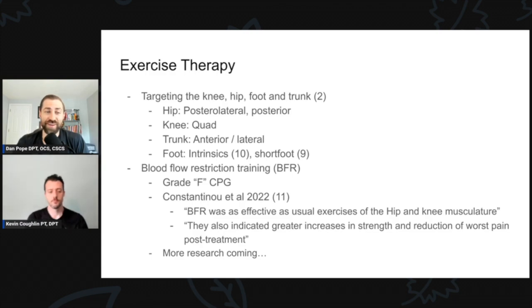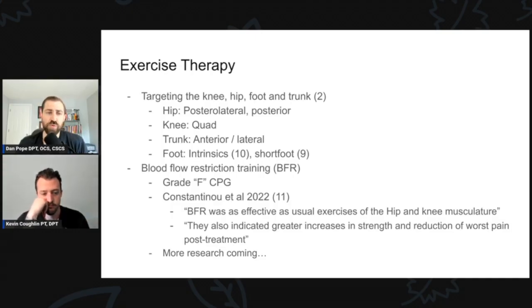Vladimir Janda, right? The old short foot. So think of that tripod position of your foot and trying to get the first ray closer to the heel and create an arch. If you use a short foot, it seems to help folks with patellofemoral pain, and working the foot core or foot intrinsics also seems to help. So it's funny, because we just talked about foot posture maybe not being that important, but when we apply exercise for the foot, it seems to help, right?